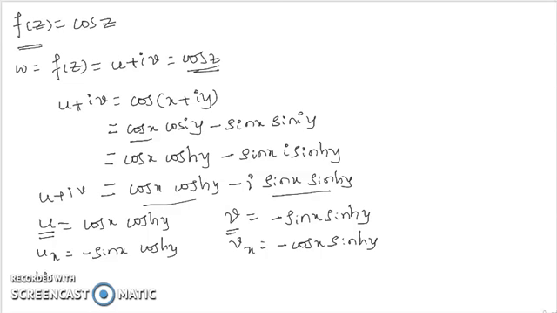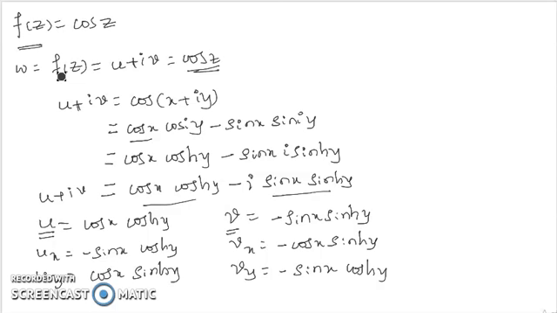Now u subscript y: I differentiate u with respect to y, keeping cos x as it is, and cos hyperbolic differentiation gives sin hyperbolic y. Then v subscript y is minus sin x as it is, and differentiating with respect to y, sin hyperbolic becomes cos hyperbolic y.